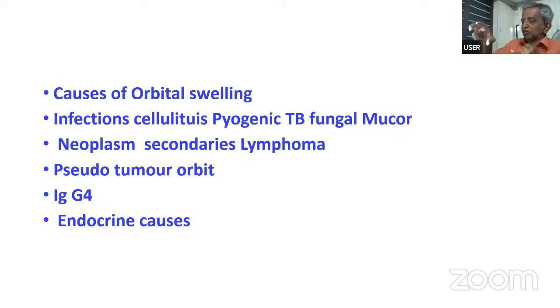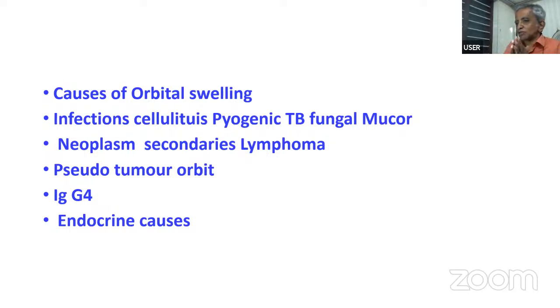If the tendon is thickened as well, it is pseudotumor orbit, IgG4 related most often. Then dermopathy is specific, and thyroid acropathy is specific, which involves the metacarpal and metatarsal bones, not the long bones. There will be clubbing also.